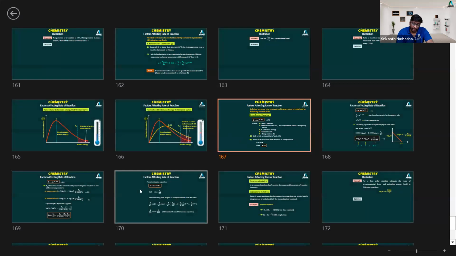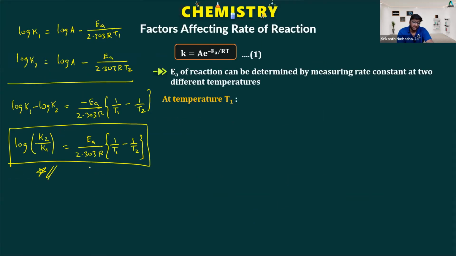I am changing the temperature, so with change in temperature the number of collisions changes or not? But still I am taking the same A, log A. So the change in A with change in temperature was neglected. At two different temperatures also, A is assumed to be a constant. That is an assumption.